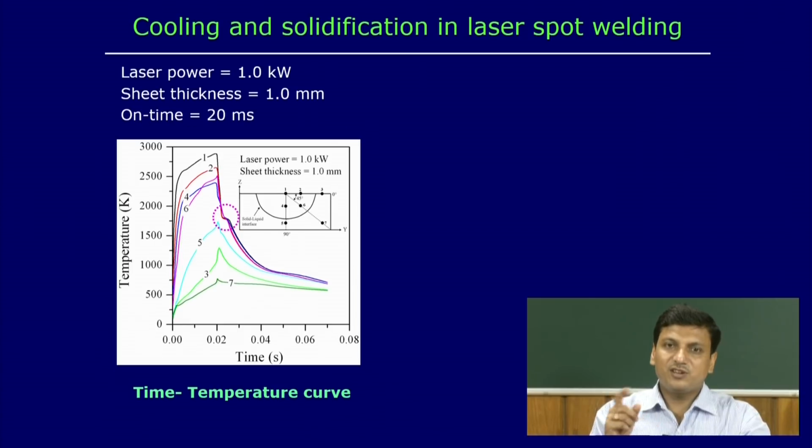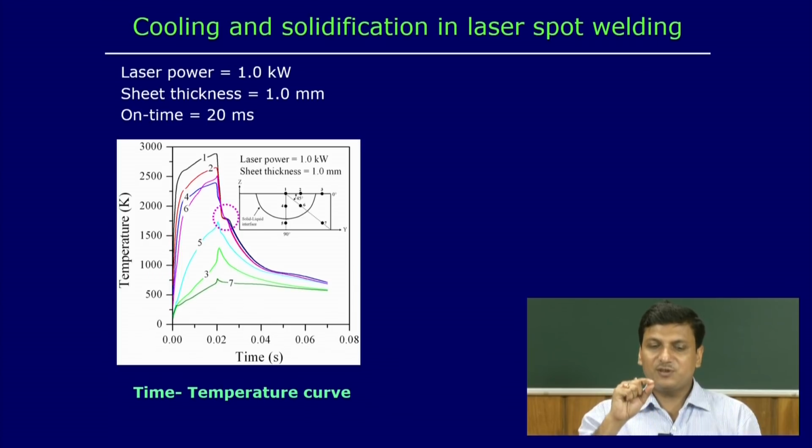We define the points in such a way that they have some importance for further calculation. Here you can see that in the laser welding process, initially there is an increment of the temperature up to the peak temperature, that is the heating phase, and then when we switch off the laser, after reaching the peak temperature there is a gradual decrement of the temperature.